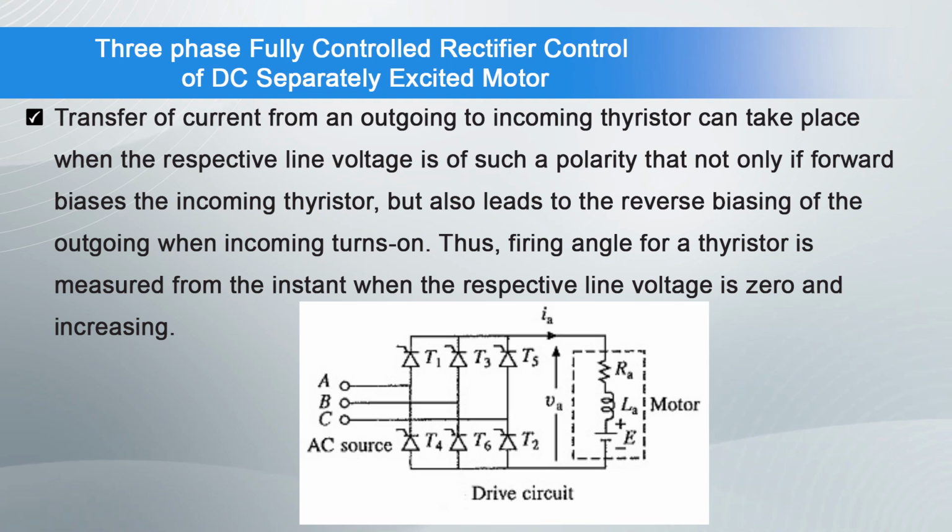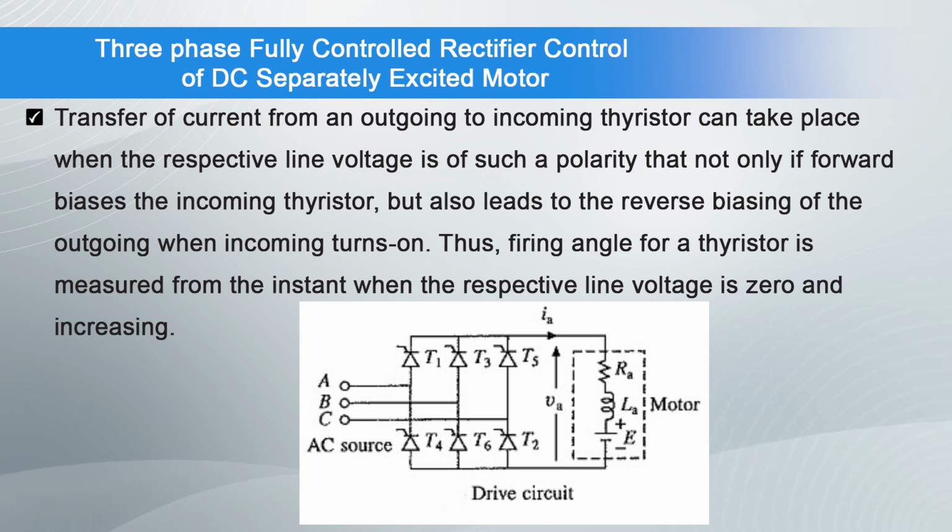Transfer of the current from an outgoing to incoming thyristor can take place when the respective line voltage is of such a polarity that not only it forward biases the incoming thyristor, but also leads to the reverse biasing of the outgoing when incoming turns on.